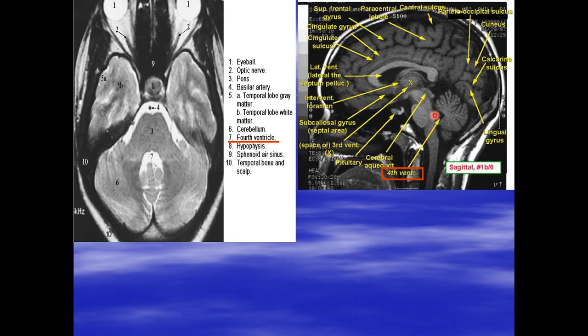Most of the floor, which is diamond shaped, is formed by the pons and upper part of the medulla oblongata, and it's connected to the third ventricle via the cerebral aqueduct of Sylvius here, and it has three openings: two lateral openings, somewhere here and here, the foramina of Luschka, and one median opening, the foramen of Magendie.